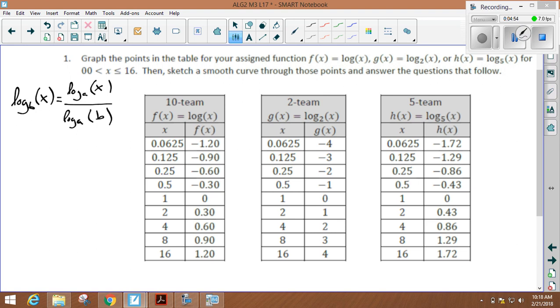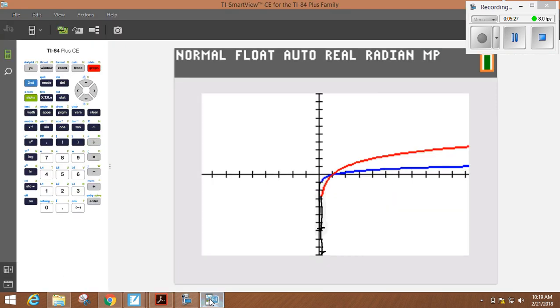So in other words, if I want to write log base 2 of x in terms of log base 10, because I only have the log button, that's log base 10, I can put this in my calculator as log base 10 of x over log base 10 of 2. Really easy. X over b.